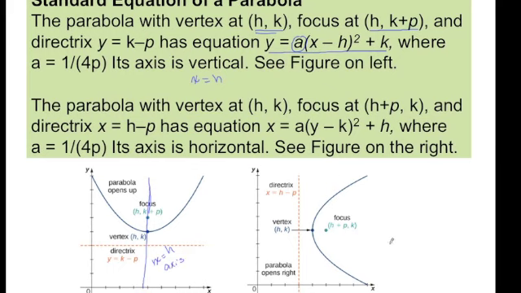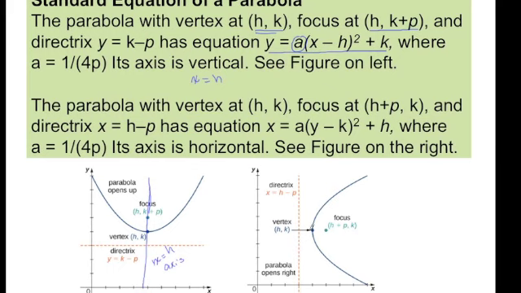Now, we can have a parabola that goes sideways. We've talked about this before, but we didn't use them because it's still not a function. This still has its vertex at (h, k). Its focus now is at (h plus p) because it's going to the side, and the directrix is at x equals h minus p.